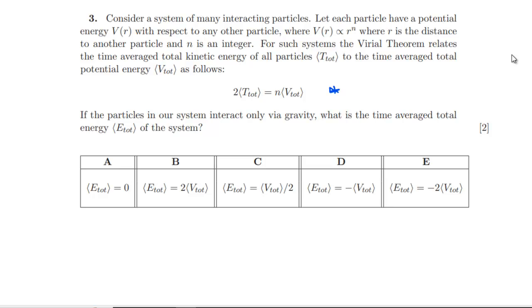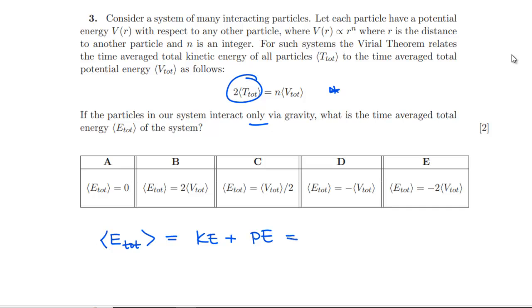If the particles in our system interact via gravity, only via gravity, what is the time average total energy of the system? Right, so the total energy is going to be the kinetic energy plus the potential energy. So what have they given us? We've got the time average total kinetic energy, so that's that. And the time average total potential energy, which is that.